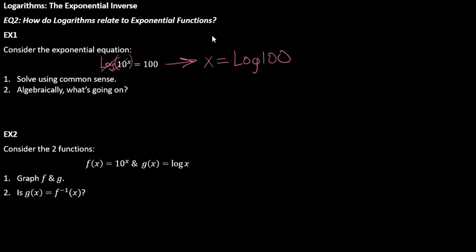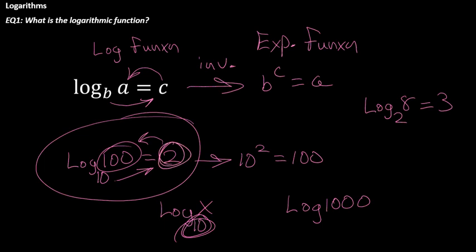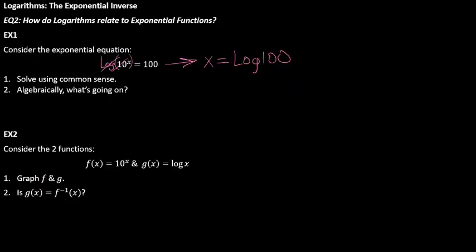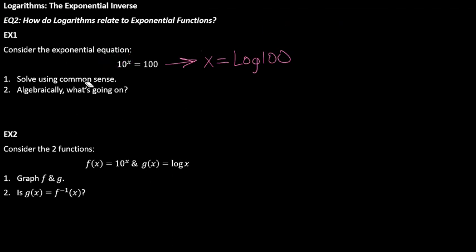What I do to one side, I do to the other. And log base 10 of 100, so we saw that on this last slide, is going to be equal to 2 because 10 to the second power equals 100. Okay, so pretty straightforward. And even without using a logarithm, we could have just used common sense. We could have just said 10 to what power equals 100.